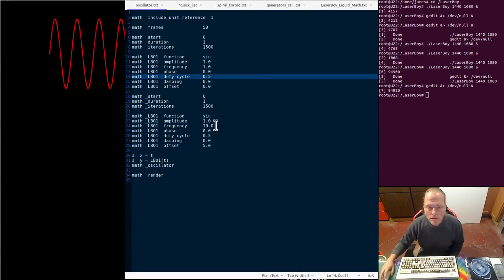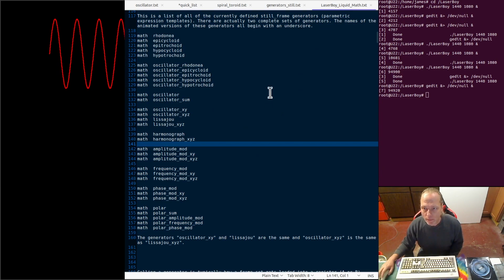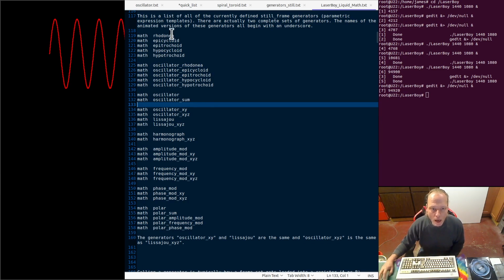Okay, now this oscillator is just one of several generators that are available in this script language. If you open up LaserBoy Liquid Math that comes in the documentation with this, there's a list of available generators.